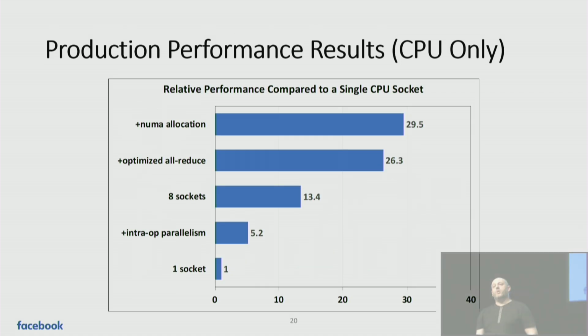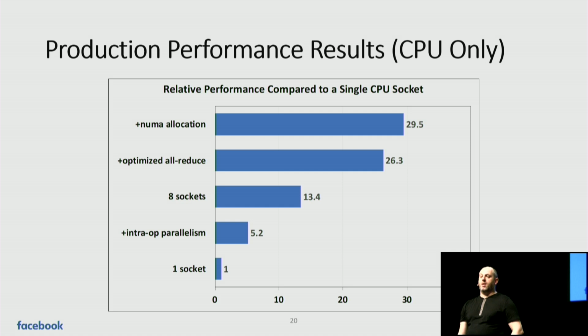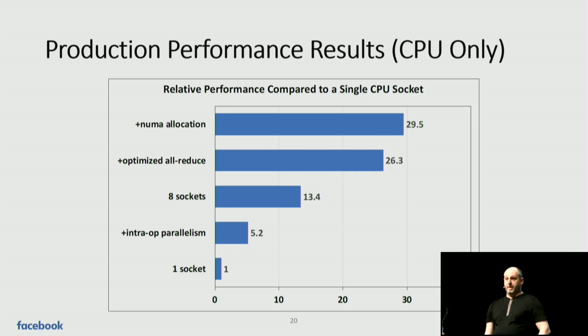So let me share a few preliminary results. We are in the process of enabling software on the system for efficient performance, and I want to share some of the results running our production models on that system. This is using the CPU only. The results are relative with respect to 1 socket.